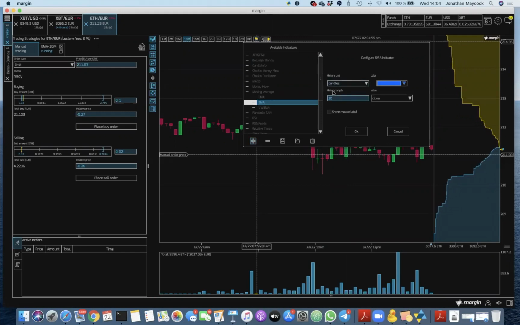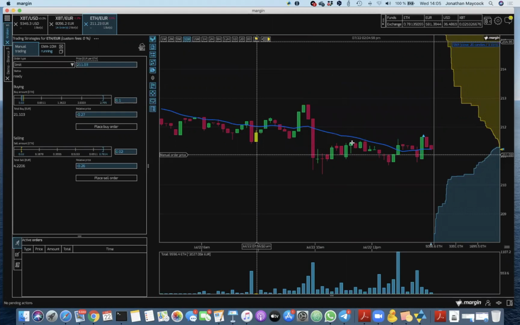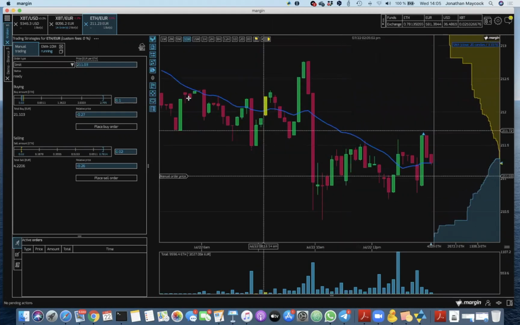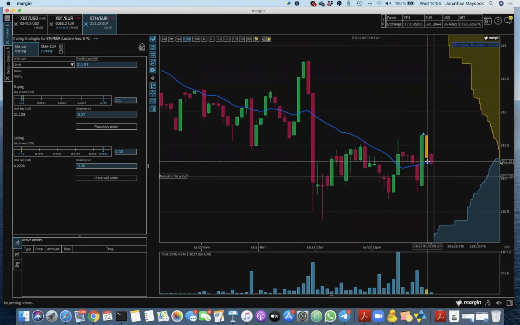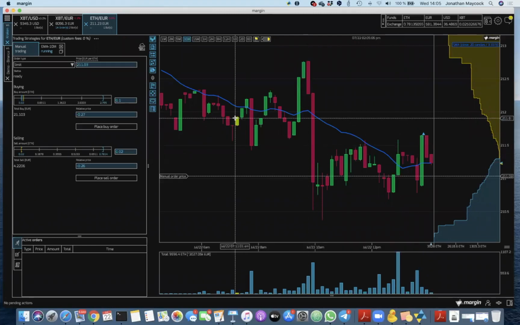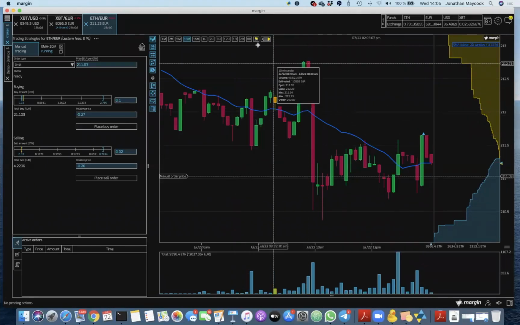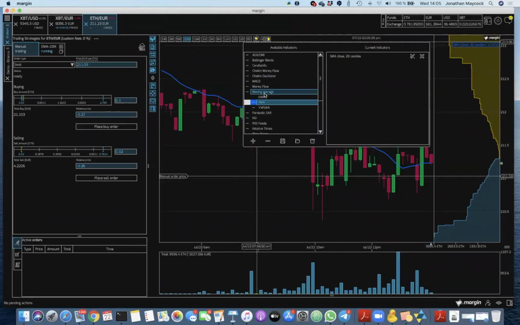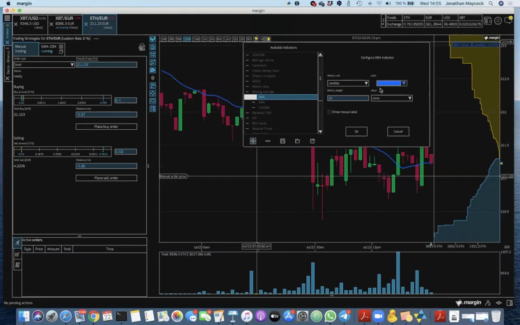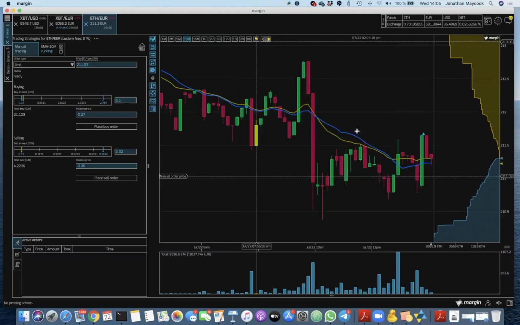Here it's going to be over 20 candles, and it has this blue color. So this is the simple moving average, averaging over the past 20 candles. Now let's put an exponential moving average on top of that, in a different color so we can distinguish them.